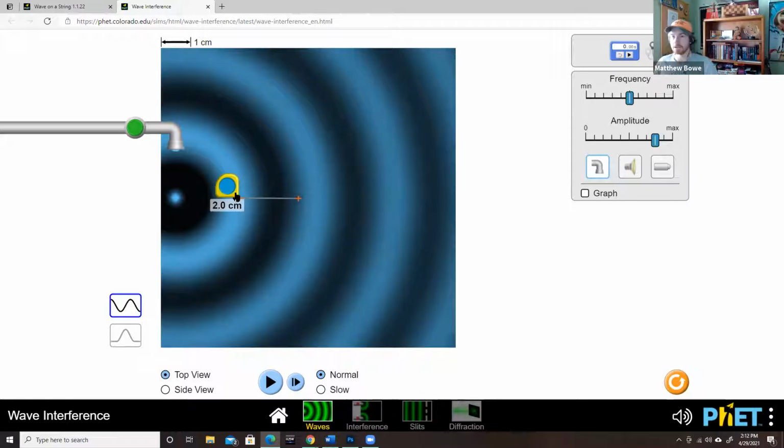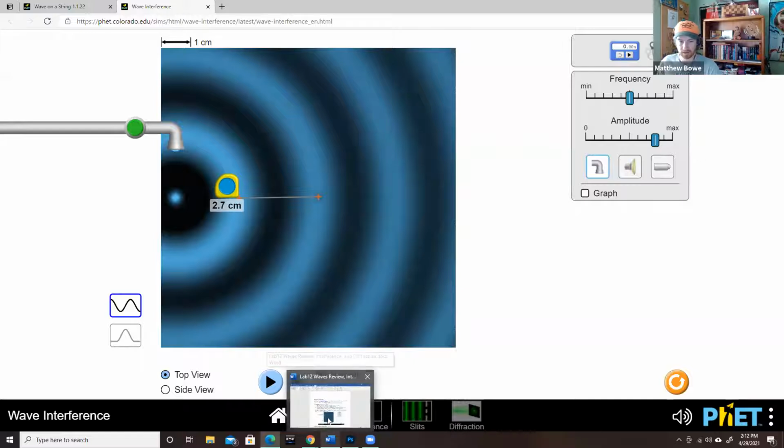Okay, so to find one wavelength, I need to go to the place where it will start to repeat itself. So I need to go all the way. So this other end needs to go all the way out until it's also in the center of a bright region. So like that. So that would be one wavelength.